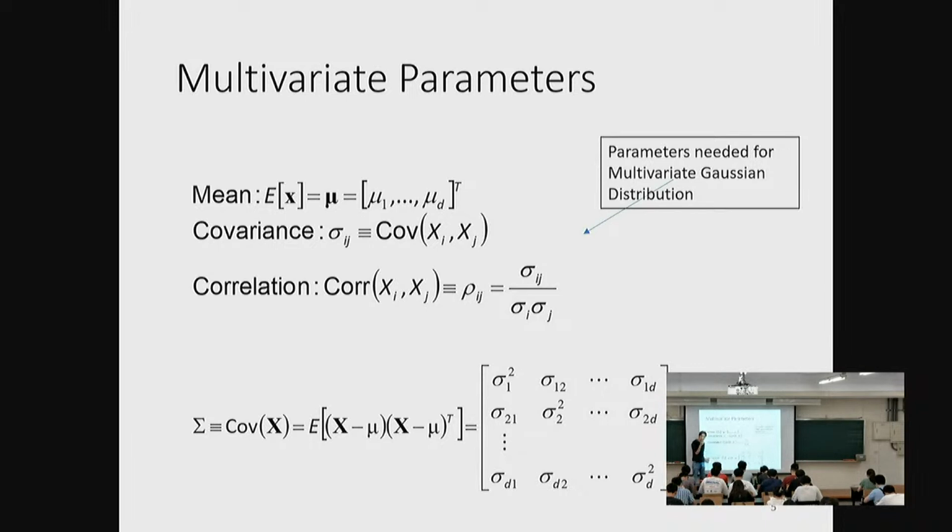You should have learned this definition in your probability class. We're just extending that into a multi-dimensional space. So it's actually a matrix. On the diagonal are the variances of the individual feature dimensions. On the off diagonals, it tells you the covariance between the feature dimensions. That constructs the entire covariance matrix.